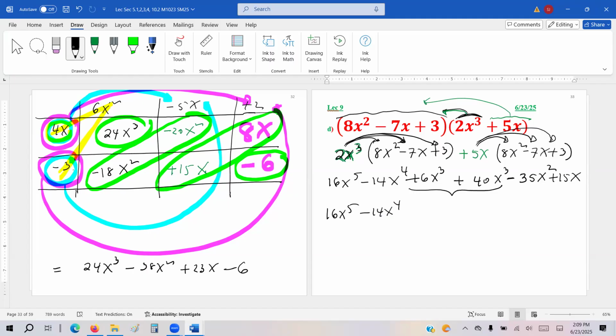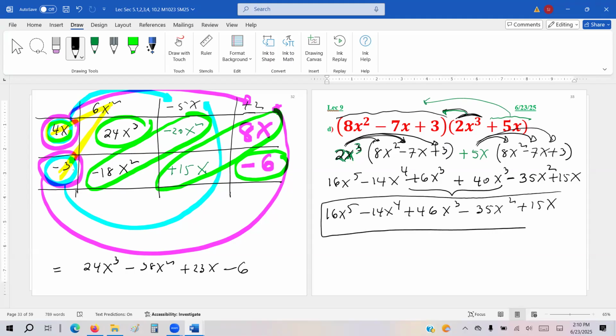So what do you have? Plus 46x cubed. Oh, and then we have x squared and x. So negative 35x squared plus 15x. So basically we had only one like term, two like terms, that's it.